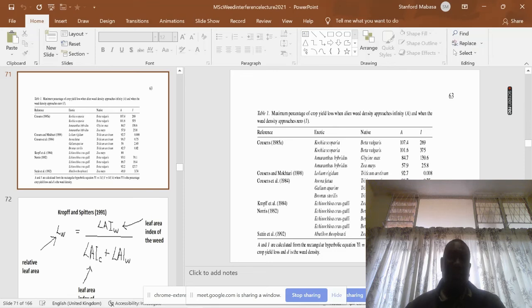This is in contrast to us, where we have few data on weed-crop competition. We don't even have knowledge about the A and I values of our weeds, which makes planning weed control problematic.